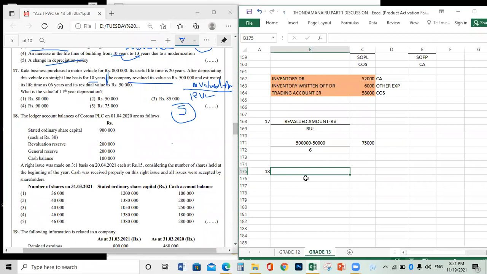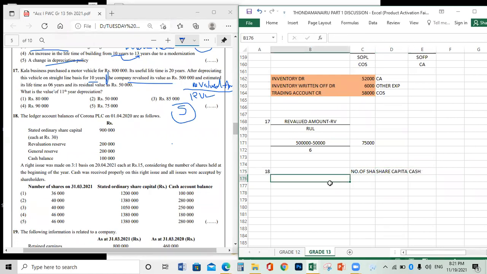They are asking you for the number of shares, stated capital, and cash balance. Okay. So let's do that. I'll put here number of shares, and cash.